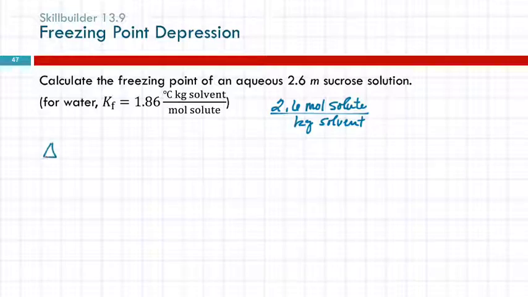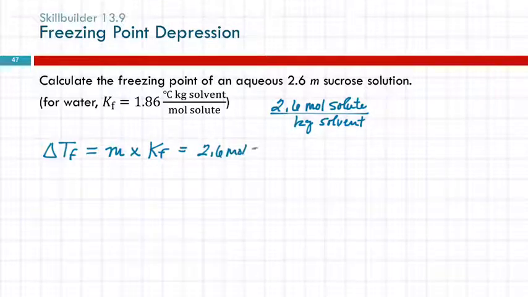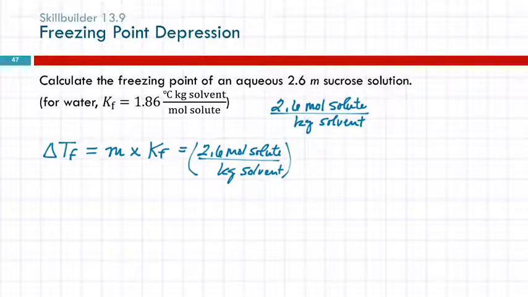So the equation is the change in the freezing point is equal to the molality times Kf. Well, the molality was given as 2.6, and that's moles of solute per kilogram of solvent, times Kf, which was given to us, 1.86 degrees Celsius, times kilograms solvent, divided by moles of solute.